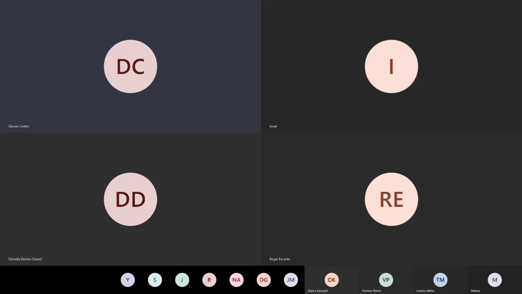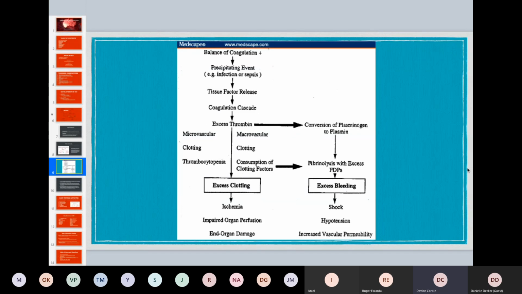It shows the clotting factors and what actual materials in the body are used. I mentioned the precipitating event, so the trauma or infection, because bacteria can also cause this. A ruptured cell releases the tissue factor, and that starts off the coagulation cascade, which starts producing excess thrombin.